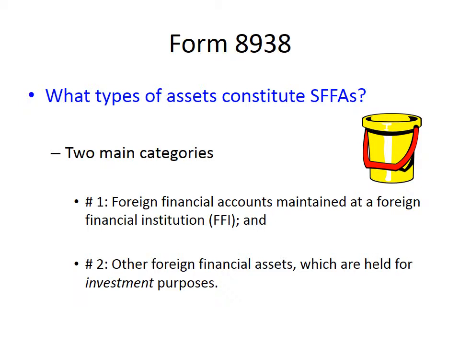That helps me to remember the individual types of assets that constitute specified foreign financial assets. And that's what I try to do here. The two main categories consist of one, foreign financial accounts maintained at a foreign financial institution, and two, other foreign financial assets which are held for investment purposes.